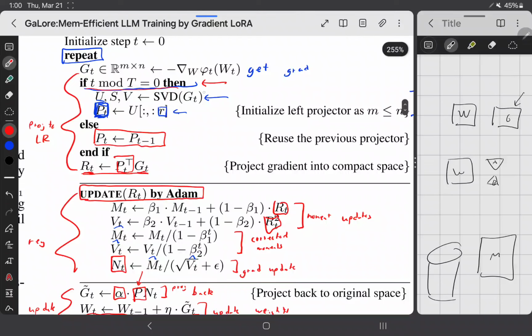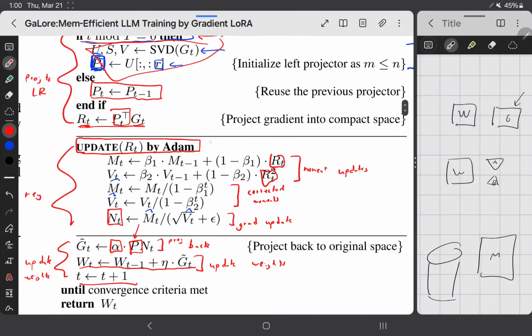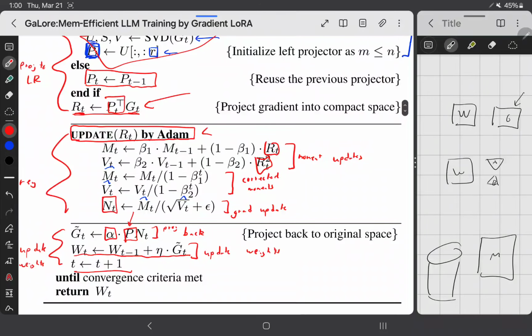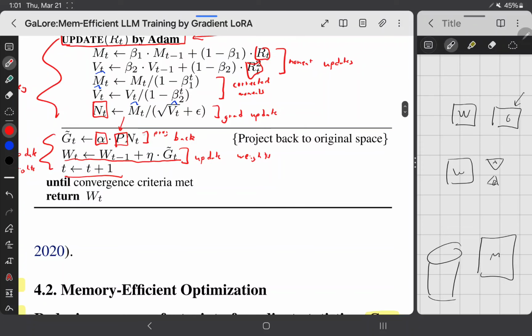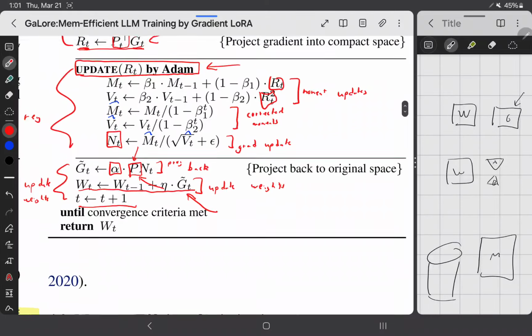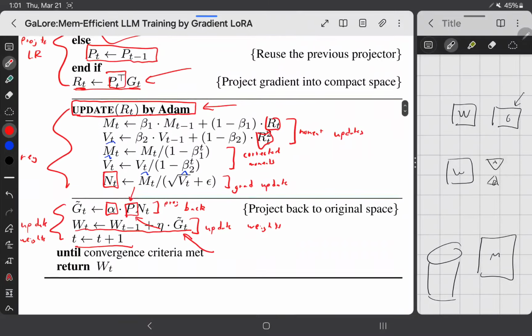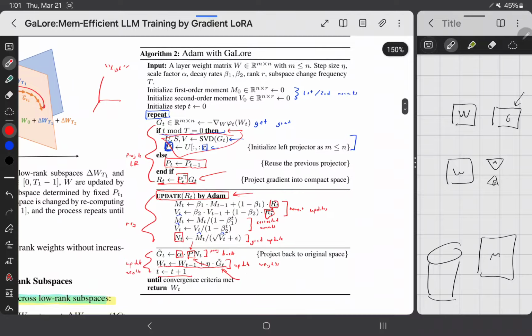It's get your projection every so often, project to the low dimensional space, update in the low dimensional space, regularize, project back to the high dimensional space, and update your weights in the high dimensional space. Yeah, so that's the algorithm here.